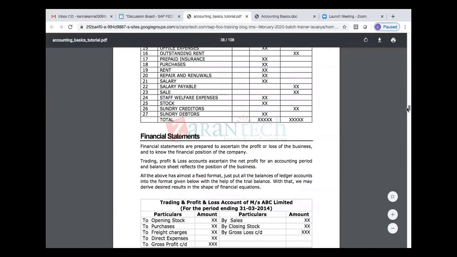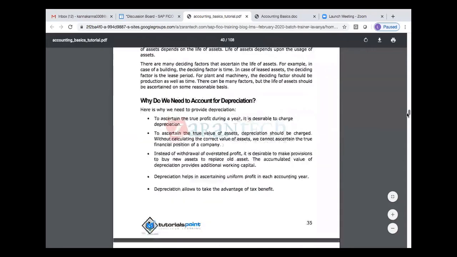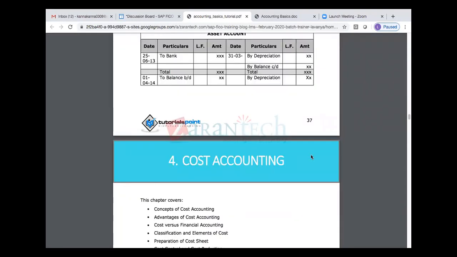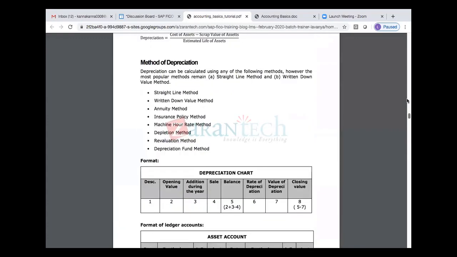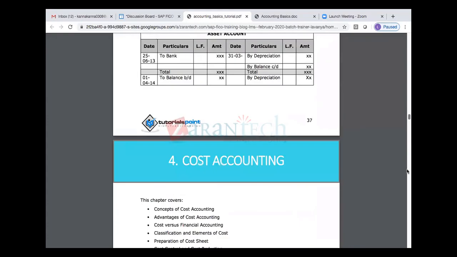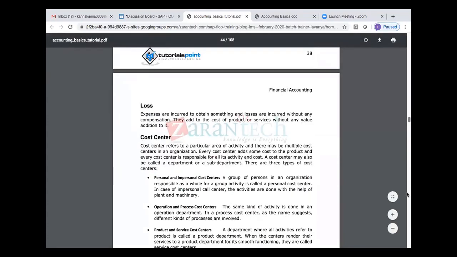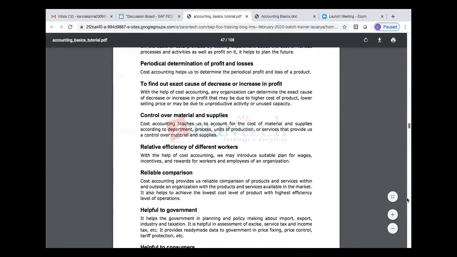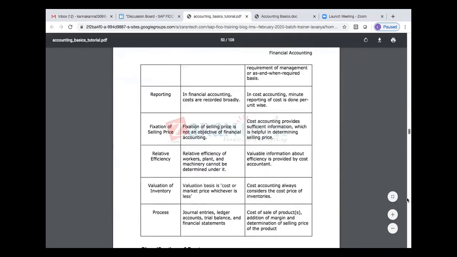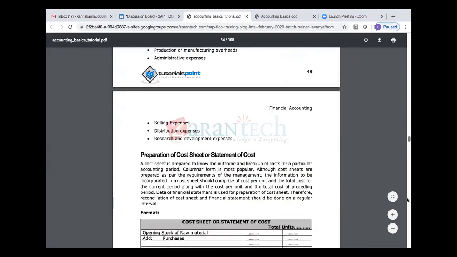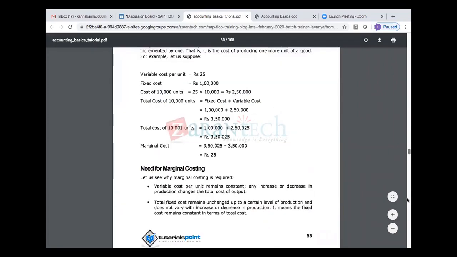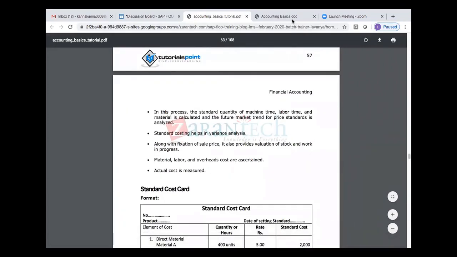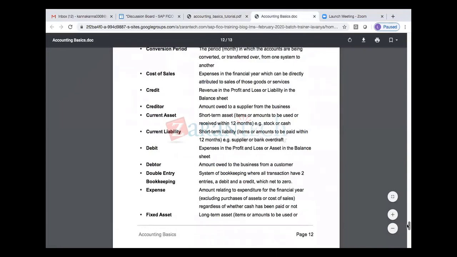Everything is given here. I'm giving just the overview, so let me show you. All this you need not learn now. Marginal costing is not at all much important, but let me show you where I have all this.